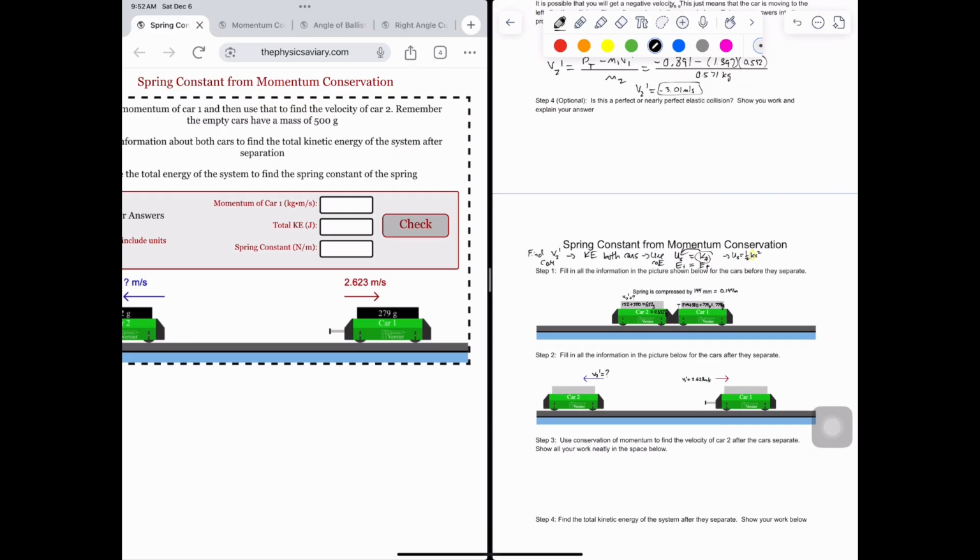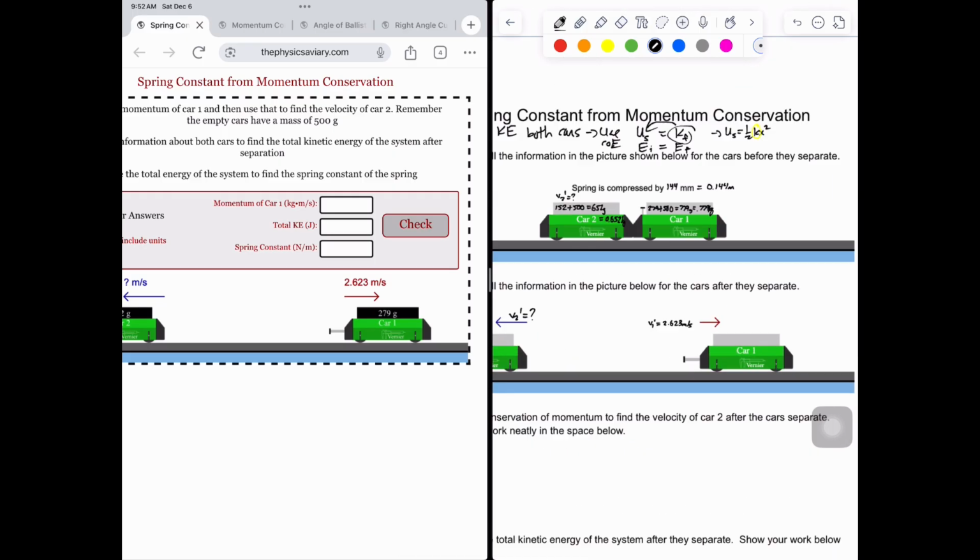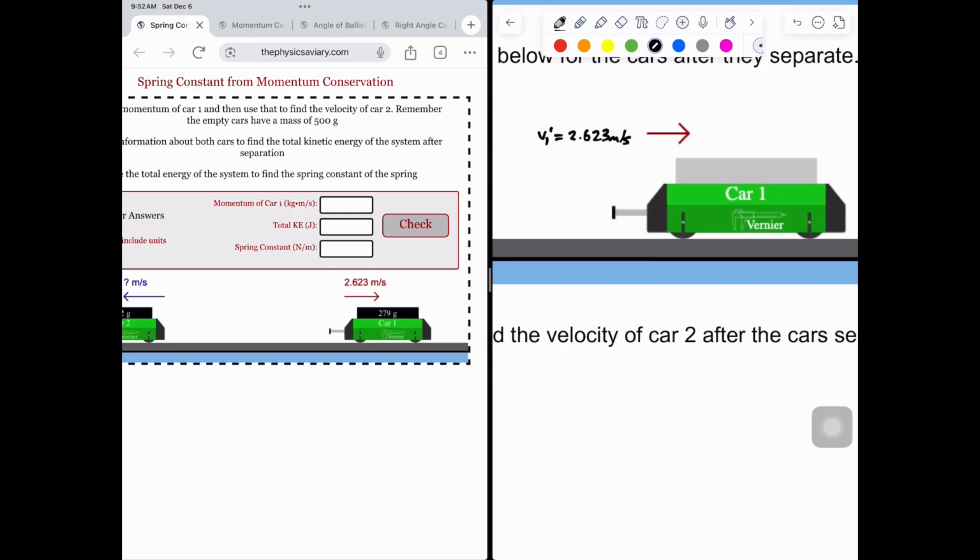So first we're going to use conservation of momentum to find the velocity of car 2. The way we do that is if initial momentum equals final momentum, then 0, which is the initial momentum, they're not moving, would equal m1 v1 prime plus m2 v2 prime. And we're just going to solve that equation for v2 prime.